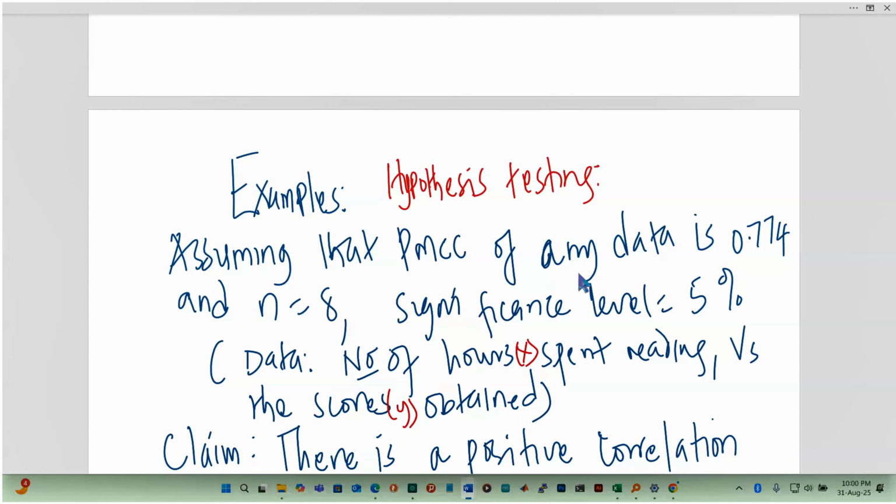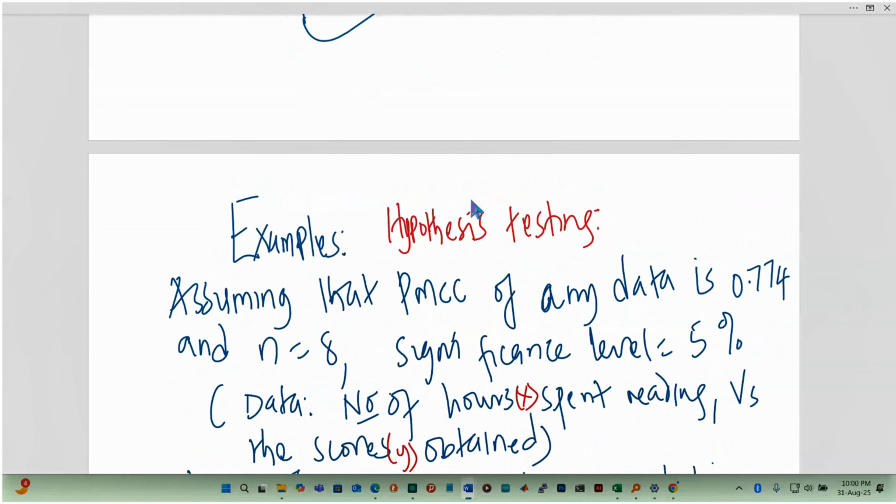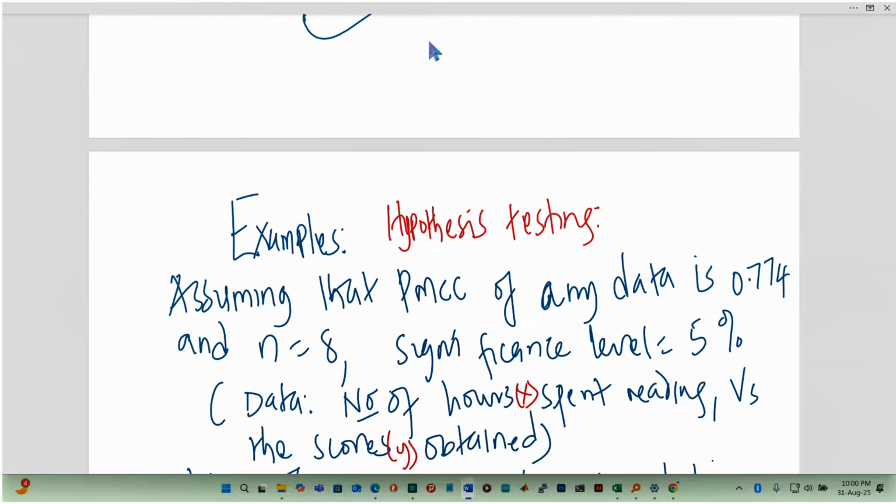but in this problem, the PMCC was given. But if it is not given and you're given values of x and y, then that PMCC, r, would be obtained from, first of all, the sum of (x minus x bar) times (y minus y bar).